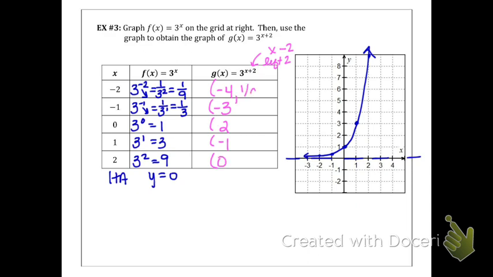And my y's will stay the same. And my horizontal asymptote is not affected by the x's at all because it's a y equal, so it's still going to be at y equals 0.